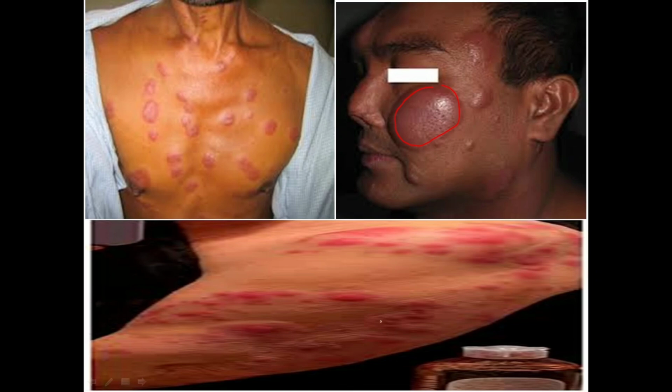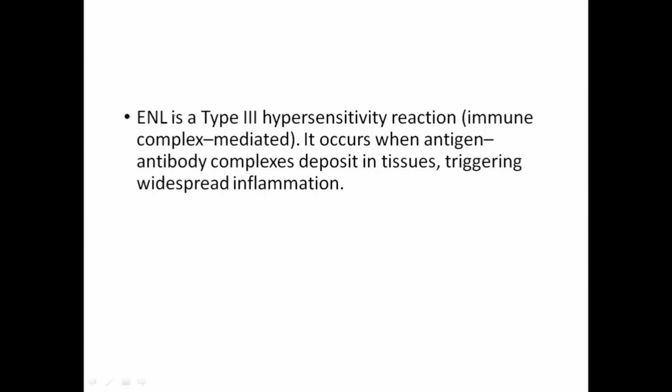So erythema nodosum leprosum is a type 3 hypersensitivity reaction, which is also known as immune complex mediated reaction. It occurs when antigen-antibody complexes deposit in tissues, triggering widespread inflammation.